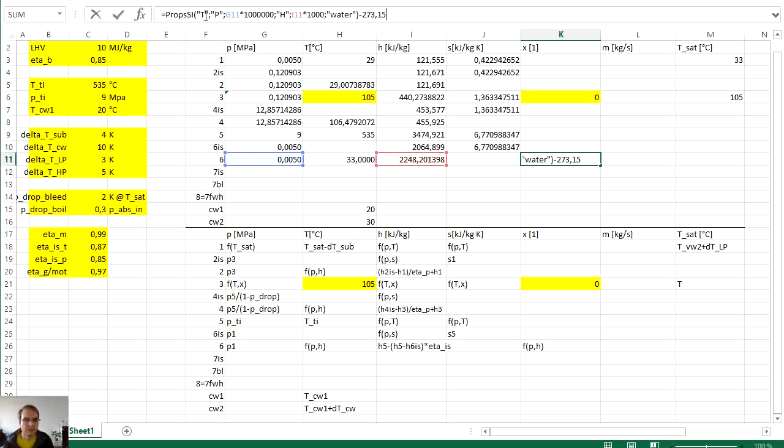So again, a function of pressure and enthalpy, but we want Q as quality, and we get directly the value. And we can see that the real quality at the turbine outlet is 87%.